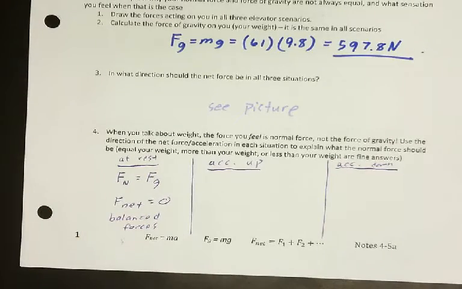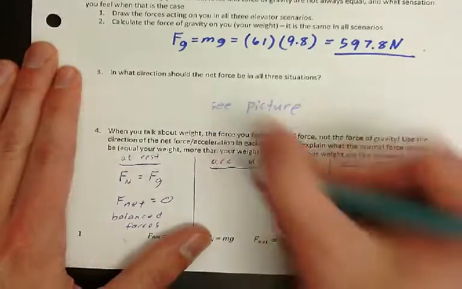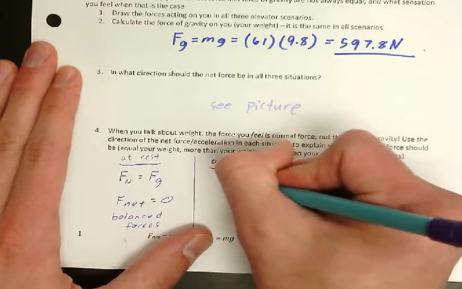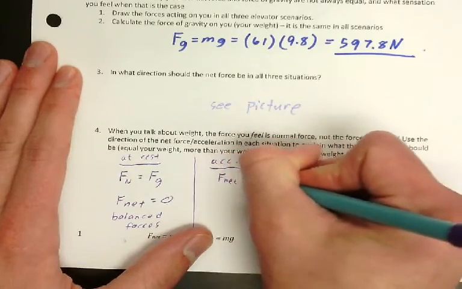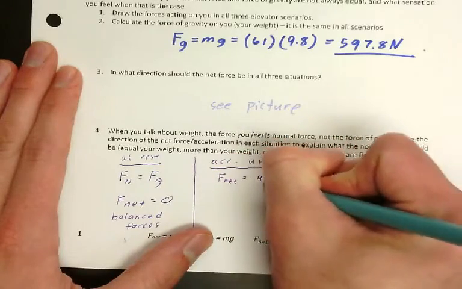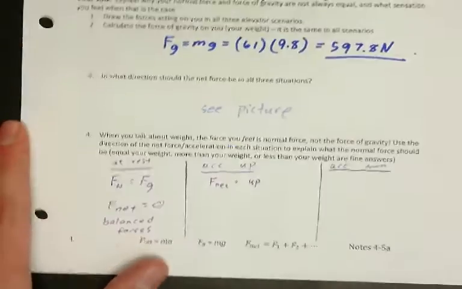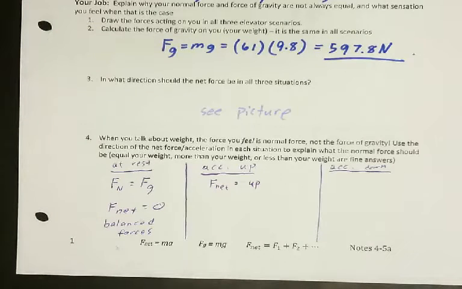Good. All right, the second scenario is the net force is up. So the net force is upwards now. What should that tell me about my normal force? If the net force is up, should my normal force be more, less, or equal to?